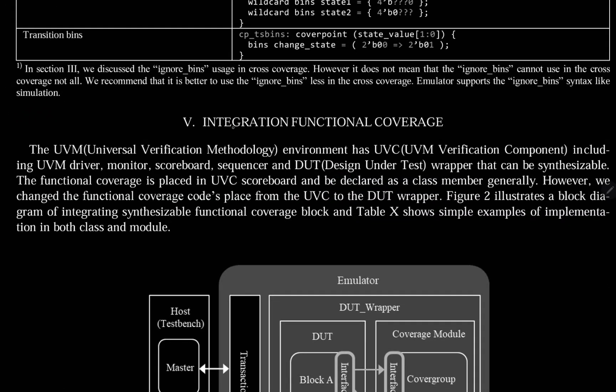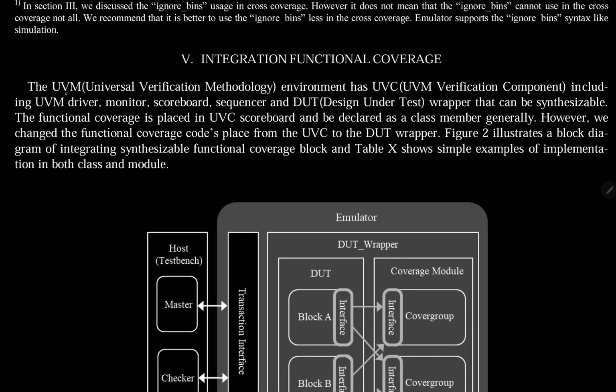Section 5, integrating functional coverage. The UVM, Universal Verification Methodology, environment has UVCs, UVM verification components, including the UVM driver, monitor, scoreboard and sequencer, and a DUT, design under test, wrapper that can be synthesizable. The functional coverage is generally placed in the UVC scoreboard and declared as a member.